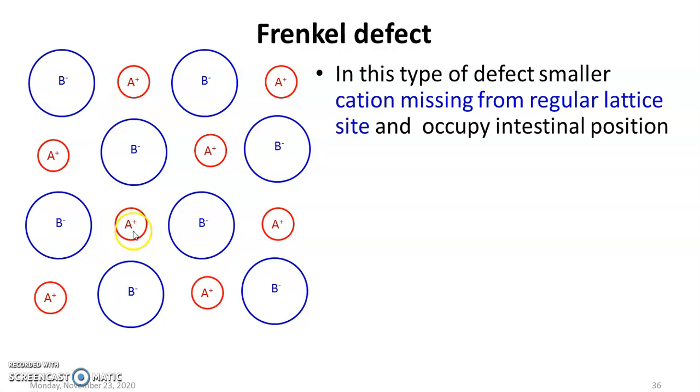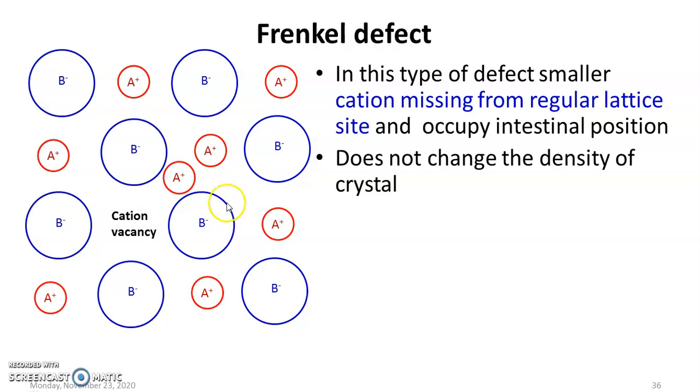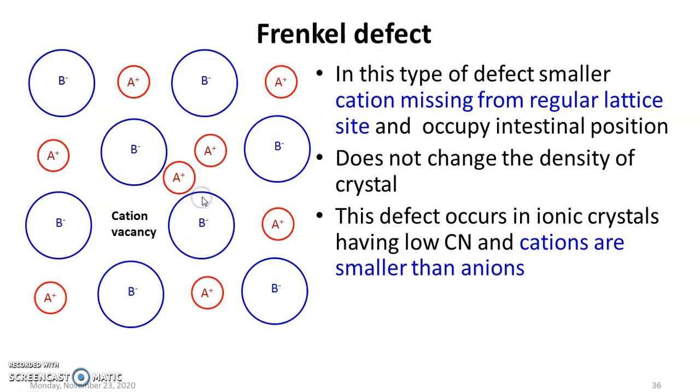Consider this cation: after the defect, this cation gets dislocated from its original position and occupies the interstitial position, and there is a formation of a cation vacancy. Because of this Frenkel defect, there is no change in the density of the crystal, because the dislocated cation exists within the crystal itself and density will remain the same.